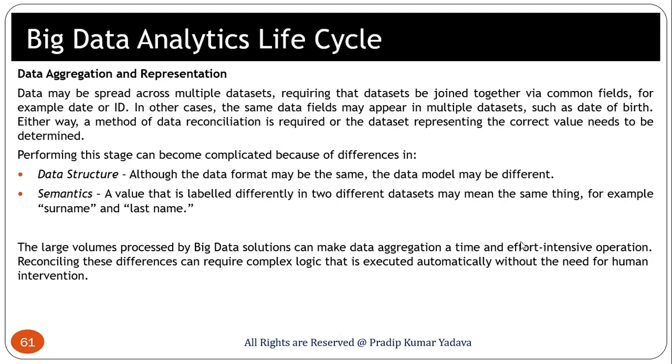We can say semantics means a value that is labeled differently in two different data sets may mean the same thing, like surname and last name, both are the same thing. So we also have to see the semantics, how data is stored in that particular table, when we are going for data aggregation and representation.